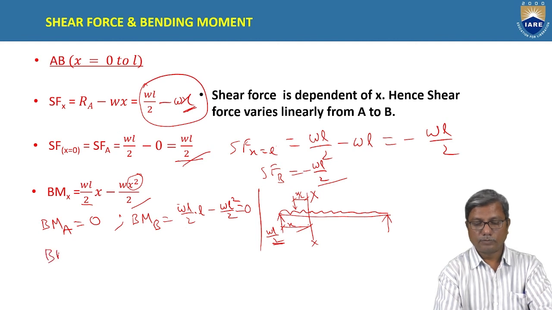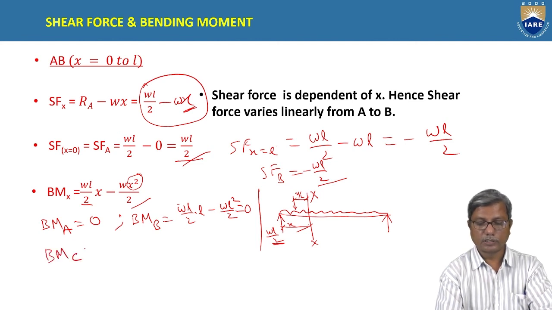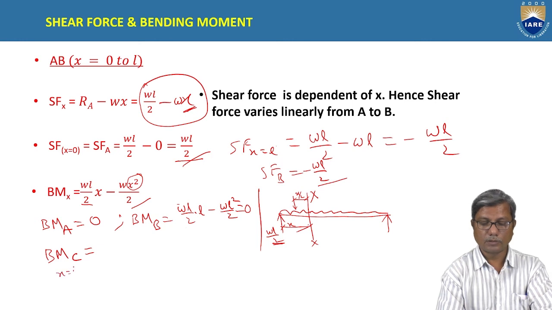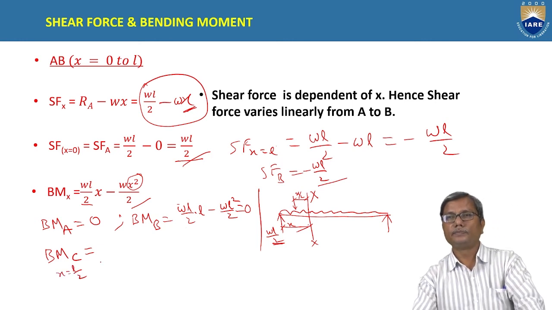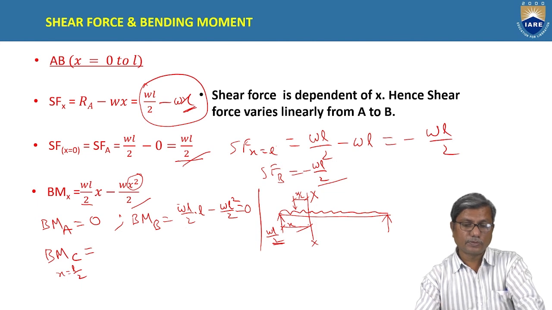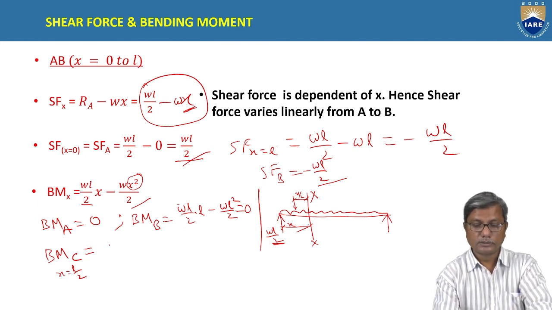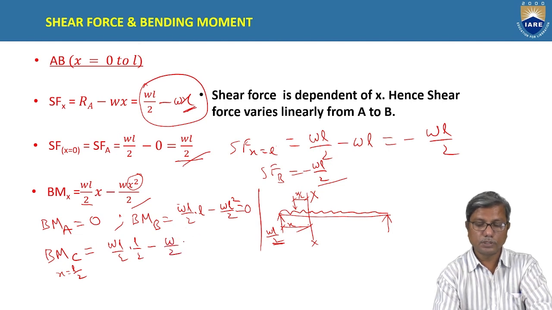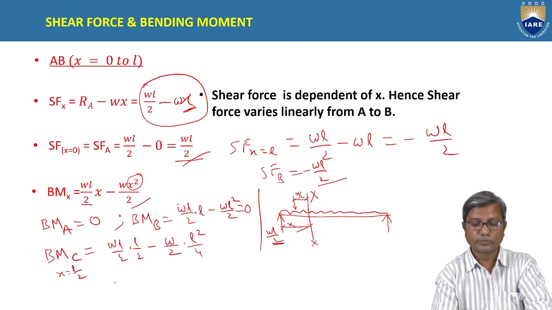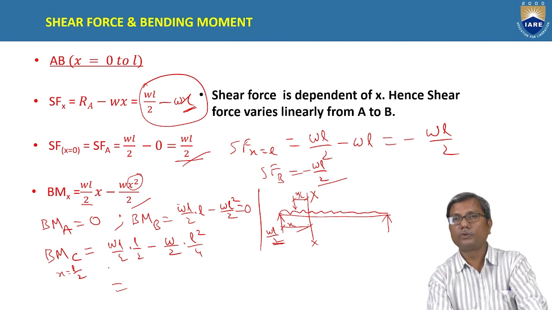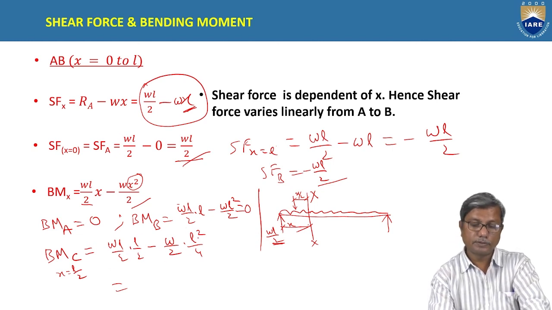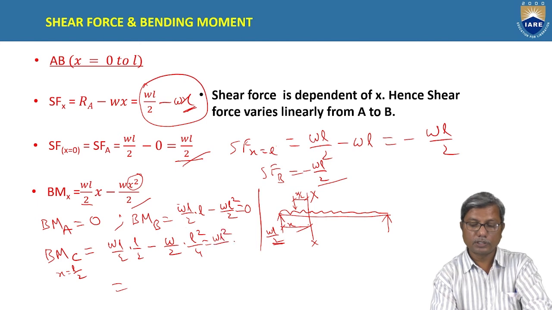And bending moment at C, the center, at x equal to L by 2, at the middle. If you find the bending moment at the middle, WL by 2 into L by 2 minus W by 2 into L square by 4. So WL square by 4 minus WL square by 8.